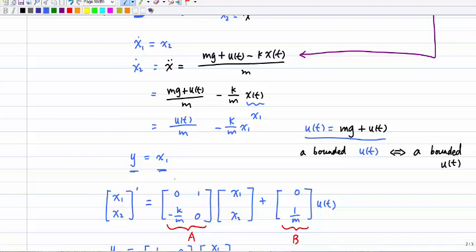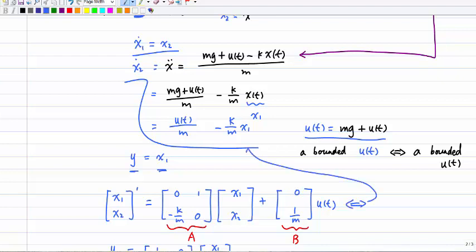We put them together in matrix form: 0, 1, negative k over m, 0, times x1, x2, plus 0, 1 over m times u of t. That is equivalent to these two equations.